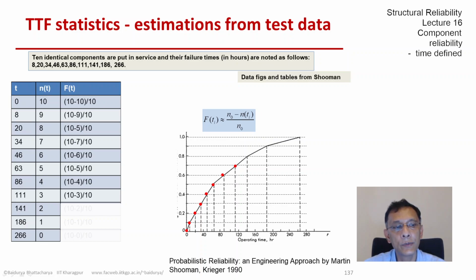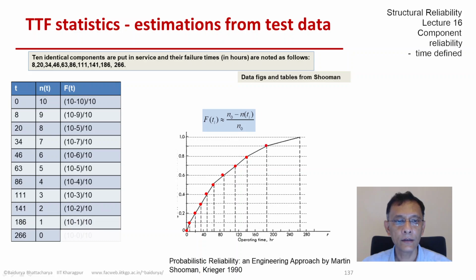There could be other databases in which we could give the number of failures in a certain interval of time. We are going to see an example of that later on as well. So here we have the 11 points giving me the 11 estimates of the CDF of the time to failure, going all the way from 0 to 1.